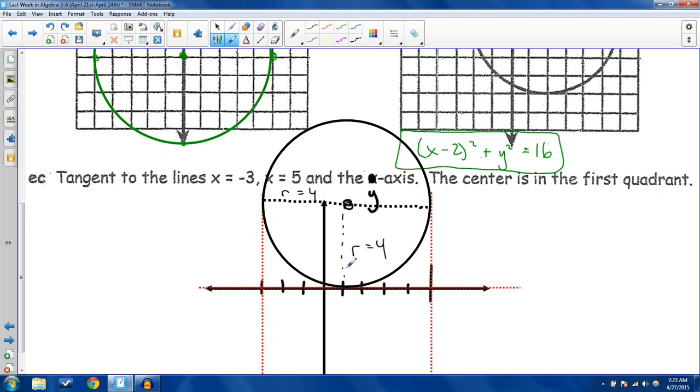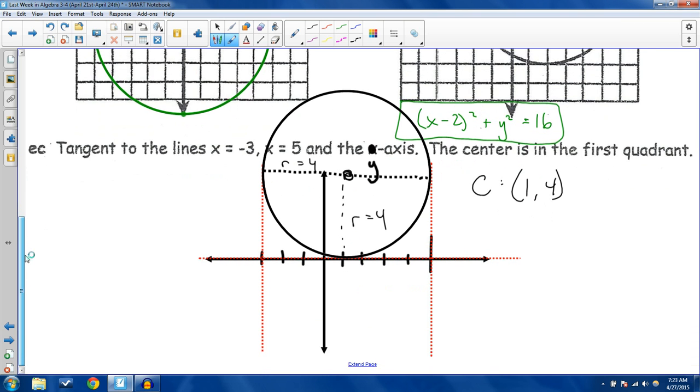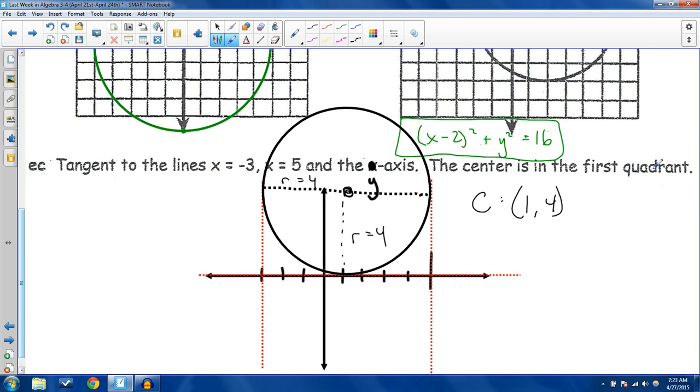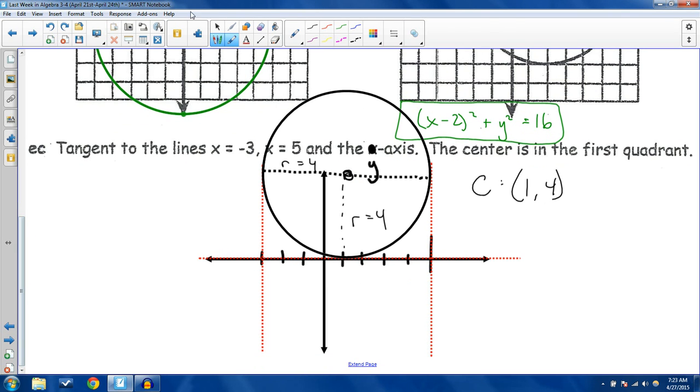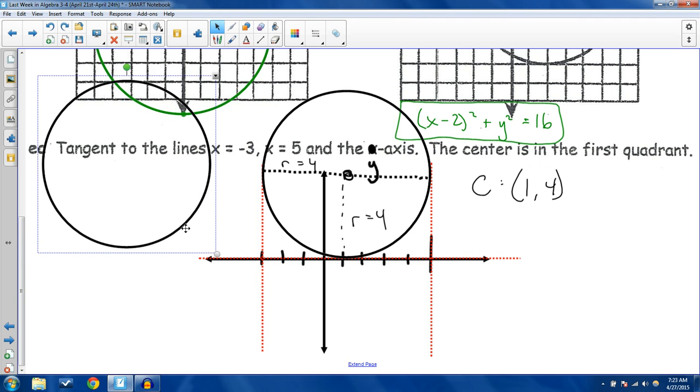Now to find the center, from negative 3, this goes negative 2, negative 1, 0, 1. So my x value is 1, my y value is 4. It's the only way it can be tangent to the y-axis. Now the other piece of information was they said that the center's in the first quadrant. Notice how my center's up there? Another circle that I could have done was draw one down here. This would have made this tangent to everything.